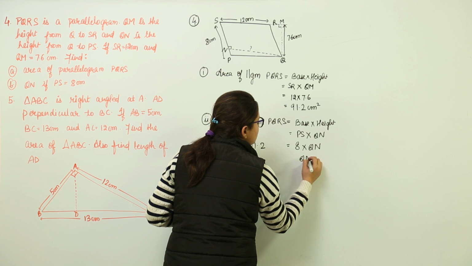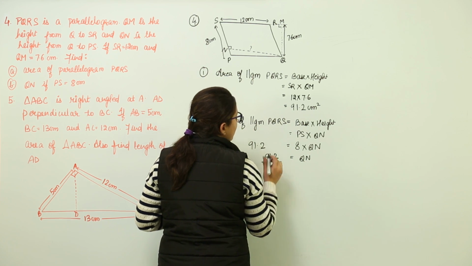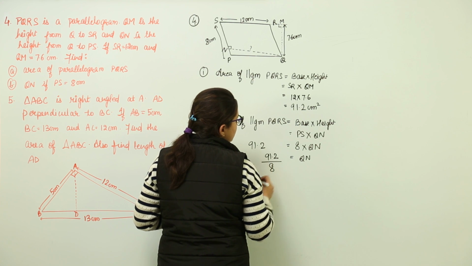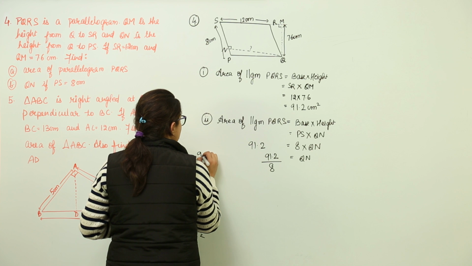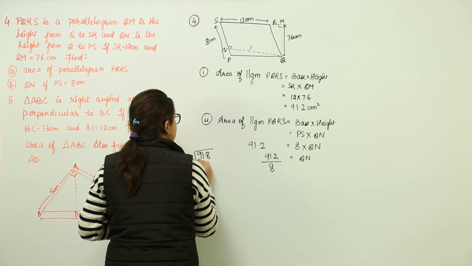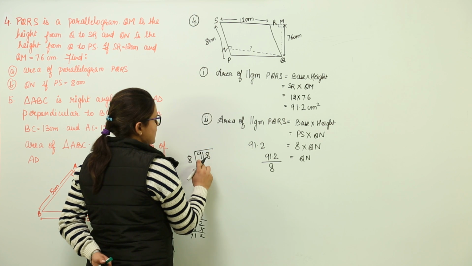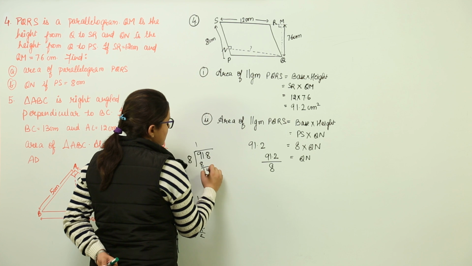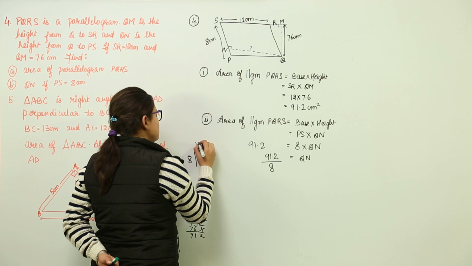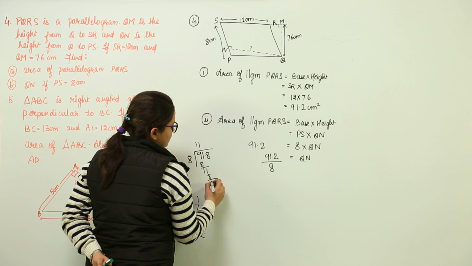So QN is going to be equal to 91.2 over 8. On solving this, let us divide 91.2 by 8. We get 8 sevens as 56, 8 nines as 72. We can do it from the one digit only. So 8 ones as 8, 11. Now you get 8 ones as 8 again. You are left with 2 and 1, 3.